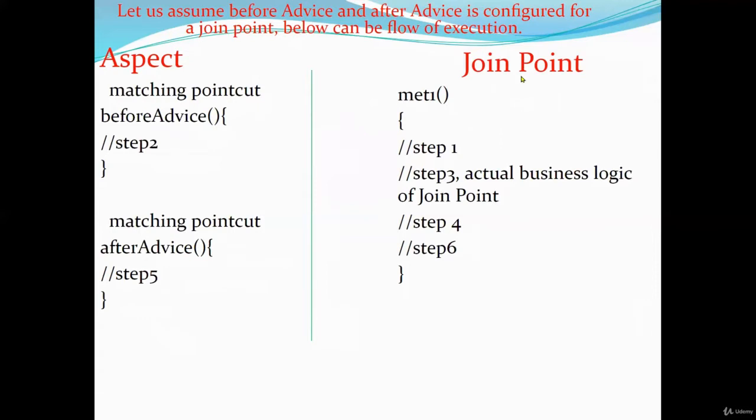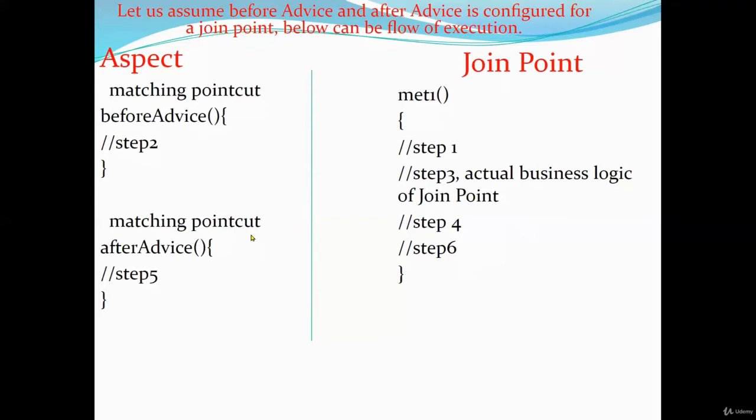The join point is the business logic which I was telling about. There are different advices like before advice and after advice. Before advice means that before invocation of the join point method, this needs to get invoked. That is before advice, and after advice. We will be exploring that in the next few minutes.